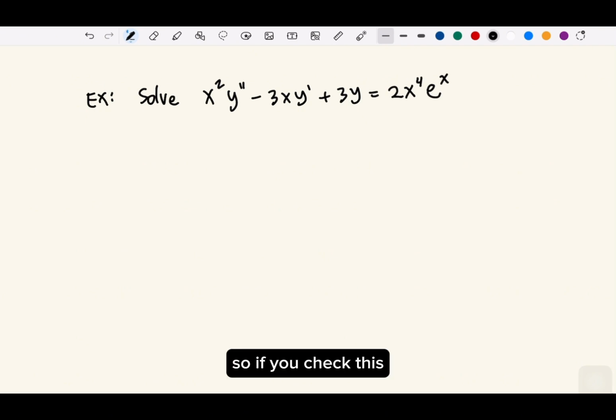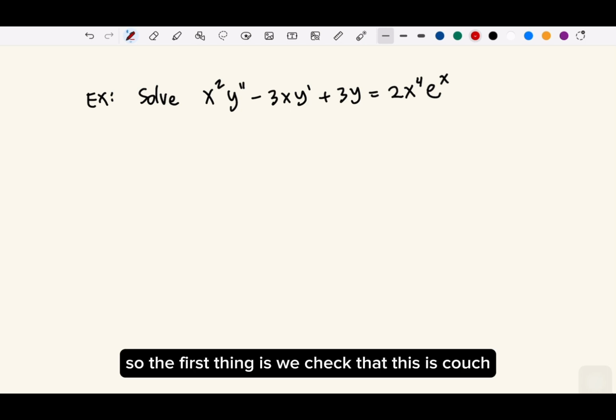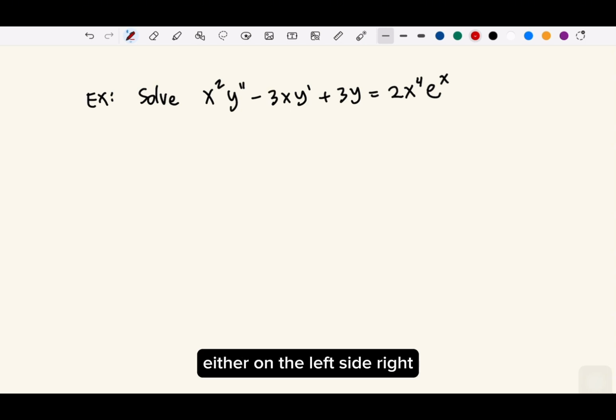If you check this equation, the first thing is we check that the left side is Cauchy-Euler, right? So we can write first, this is Cauchy-Euler.